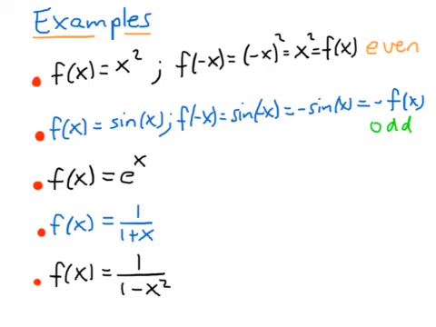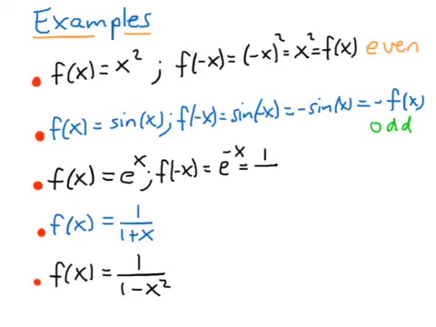Our third example is the function e to the x. Again, what we look at is our function evaluated at minus x. That means in our function e to the x, we replace x by minus x. We have e to the minus x.